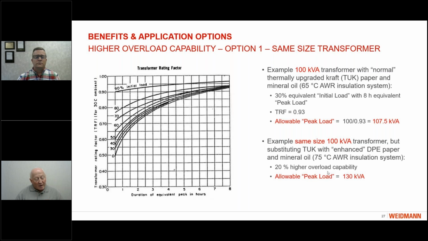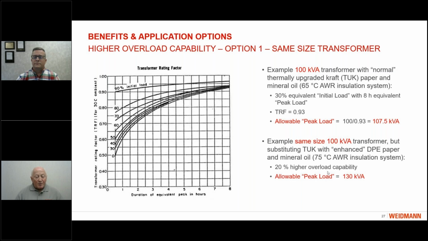And if you look where we arrive with this curve at 8 hours of peak load, we can find that the so-called transformer rating factor for this type of loading diagram would be 0.93, which means that a 100 kVA transformer with this loading diagram can be run at 107.5 kVA for 8 hours. So this is the allowable loading capability for 100 kVA transformers with a normal insulation system with a peak of 8 hours.